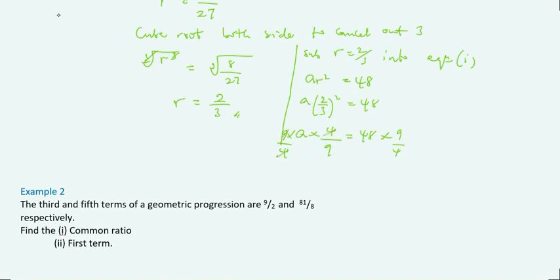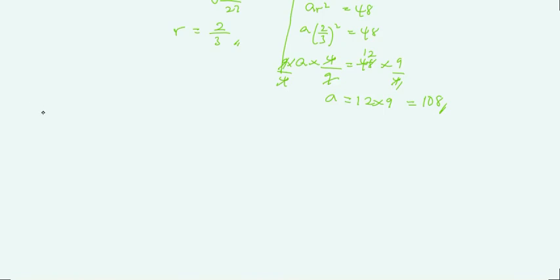So you cancel this, you cancel this. So you have a equals 4 here 1, you have 12. You now have 12 times 9, so a equals 12 times 9, which is 108.